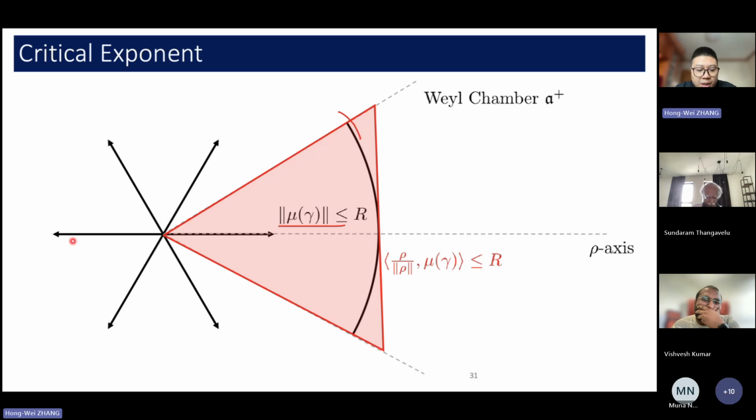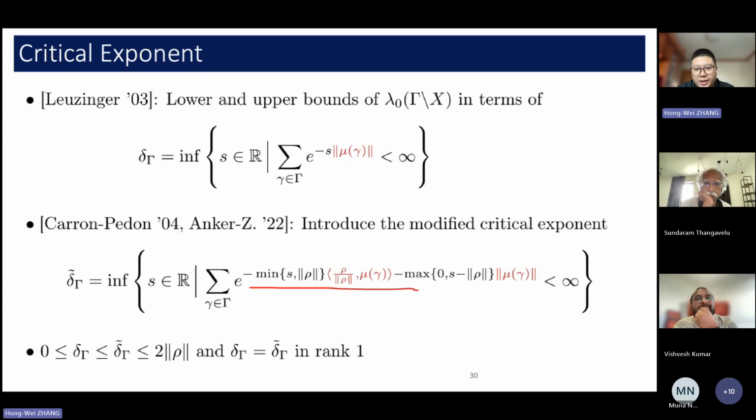If you continue, there will be a circle. But if we use this kind of distance, we will have what we call the polyhedral distance. We will have something like that, like, how to say that, a hexagon.